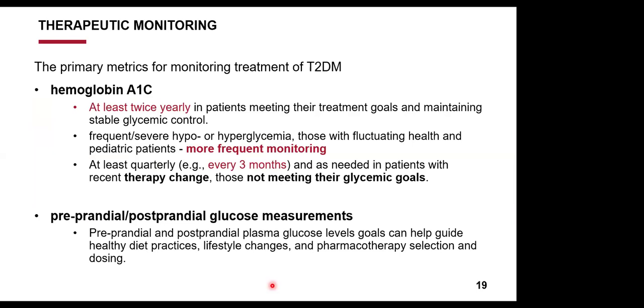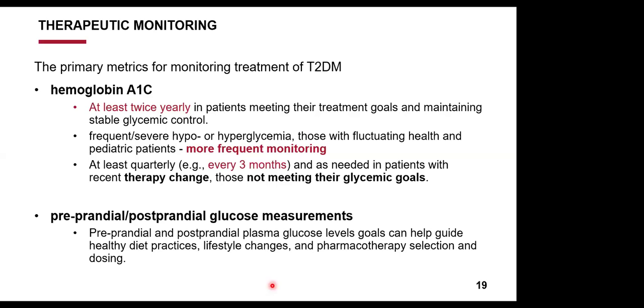So in terms of monitoring the treatment, we normally do A1C, and this is done for patients who are stable. We do it at least twice a year. And then for those who are getting fluctuations in terms of hypo and hyperglycemia, we do that more frequently, at least every 3 months.